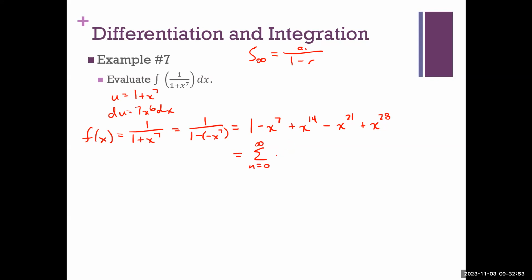Negative x to the 7 to the n power. Negative x to the 7. Like that? Yeah. Okay. Do we agree with that? Yeah, n equals 0, that should be 1. n equals 1 should be next to this. Yep, I like it. So this right here is the function I gave you, right?